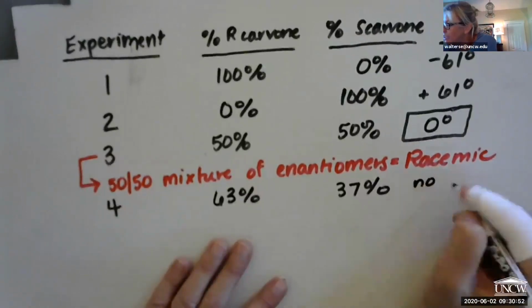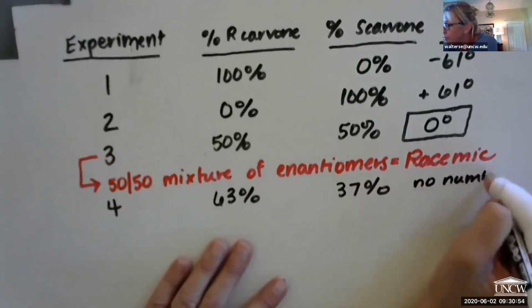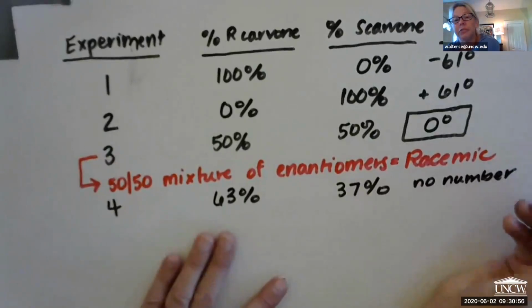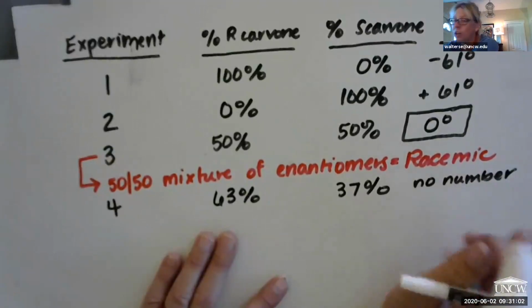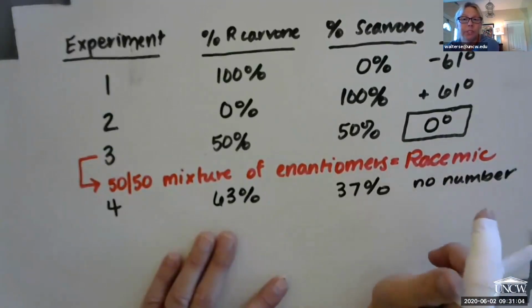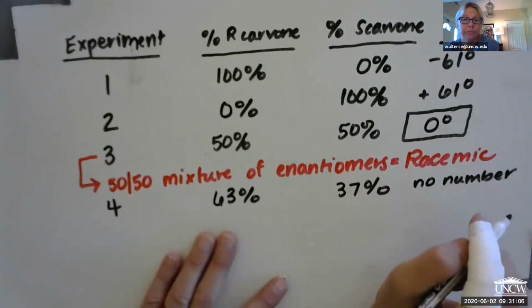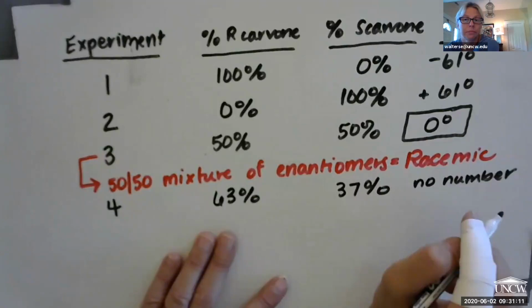I'm not asking you for a number. I'm asking you for a direction. Will it rotate to the left and be levorotatory, or to the right, dextrorotatory? What do you think?